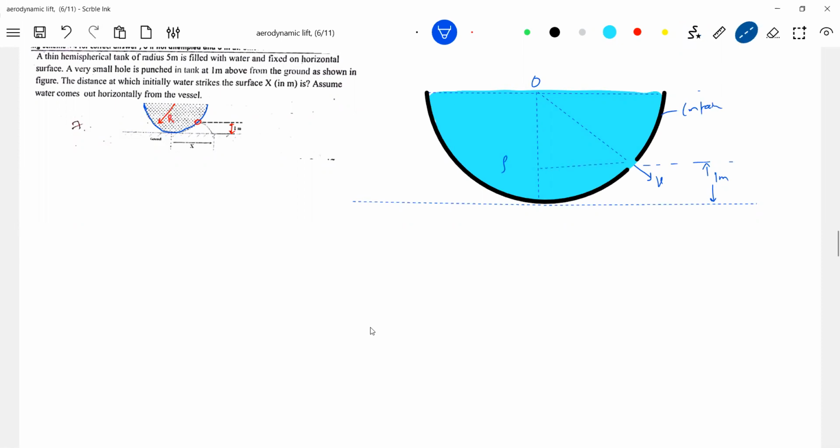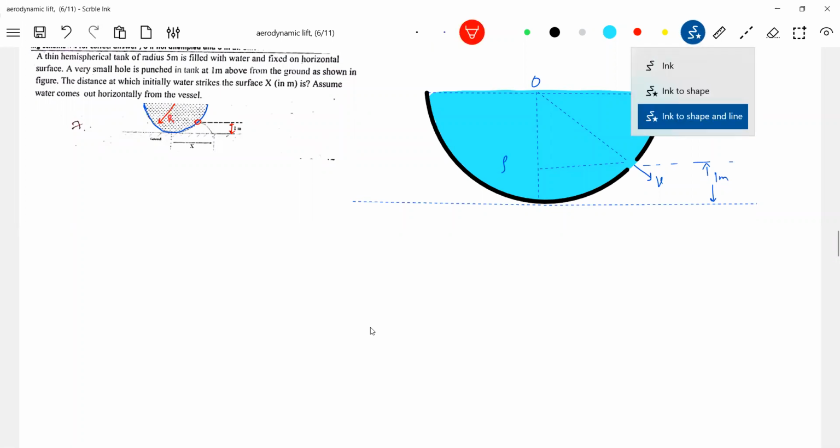So how the liquid will emerge? The velocity of efflux will be directed normal to the surface of the wall of the container where the hole is made. So the hole is made here. I'll give a few more examples of this. Time being, you take this one.